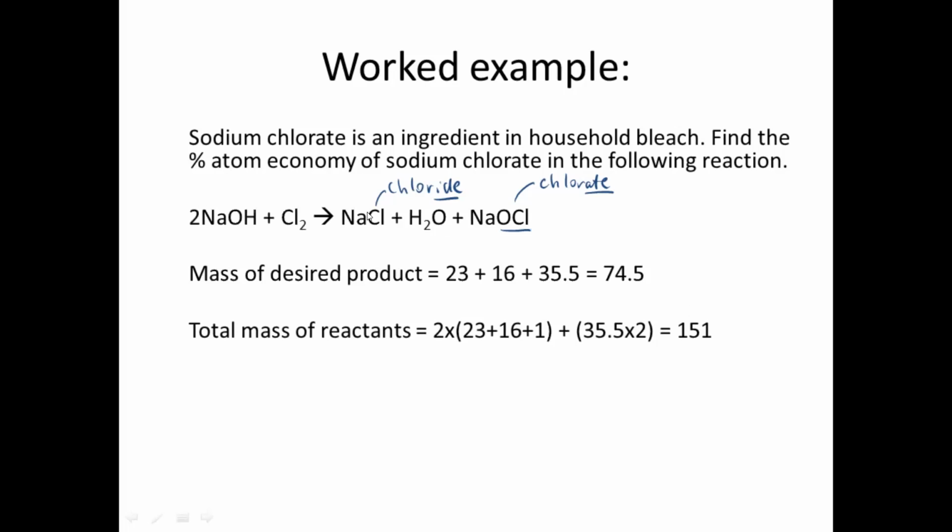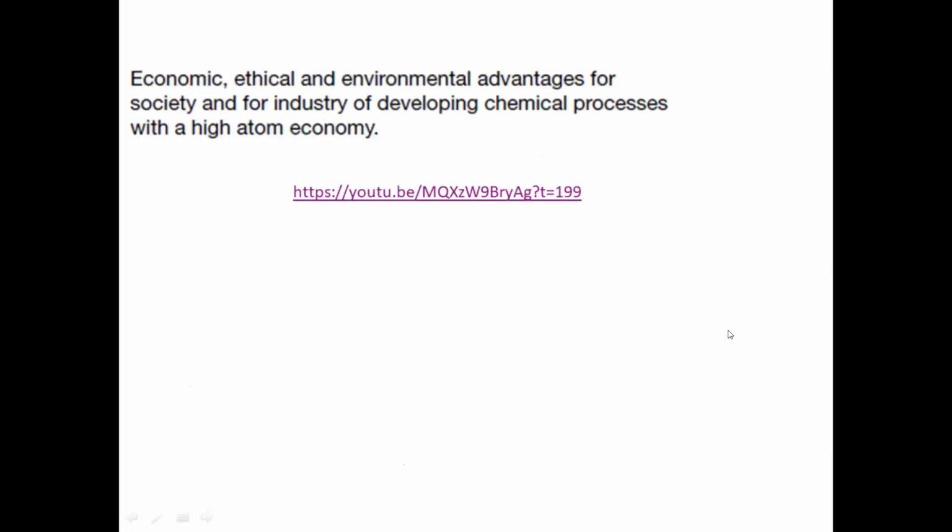I could have added all these together, it doesn't really matter. So I got 151. And then you divide them, and that gives you 49.3. So that means 50.7% is wasted.